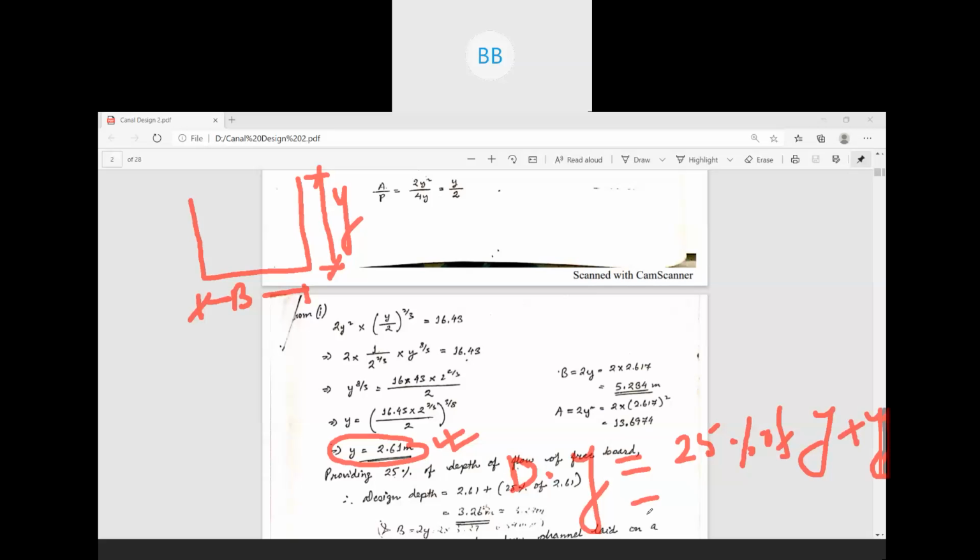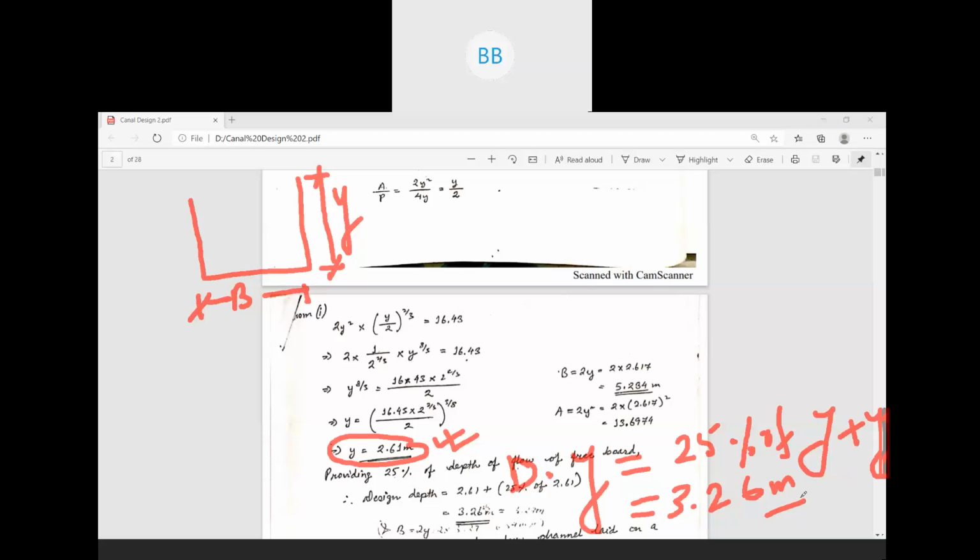And see how much you got. I think it will be 3.26. Check it once. 25% of Y plus Y will be your design depth. We got that the depth of flow is 2.61.